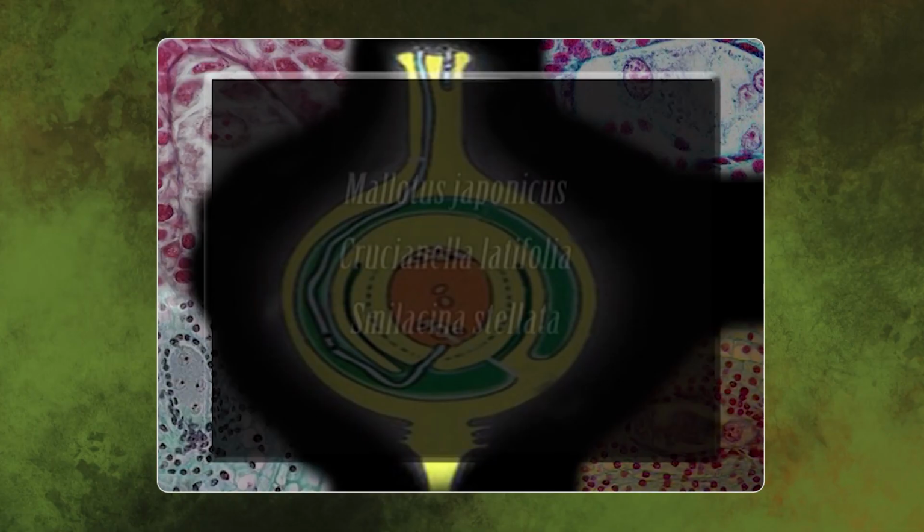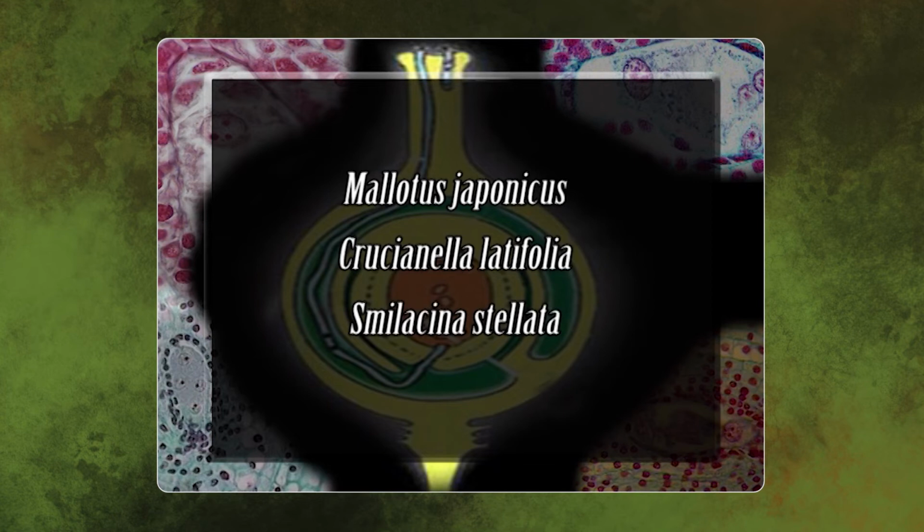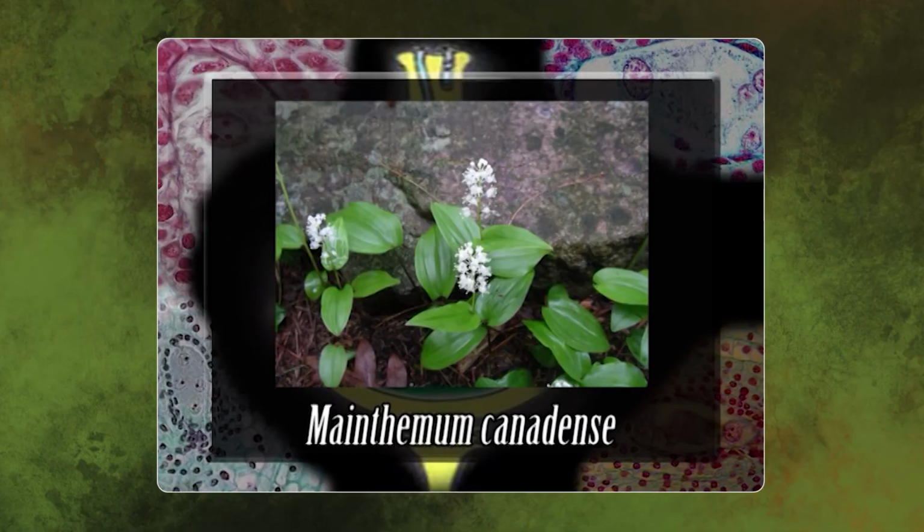Later, this type of development was also noticed in Melilotus japonicus, Crucianella latifolia, Smilacina stellata, etc. Sometimes due to the failure of division of some chalazal nuclei at the 8 nucleate stage, there are sometimes fewer than 11 antipodals.